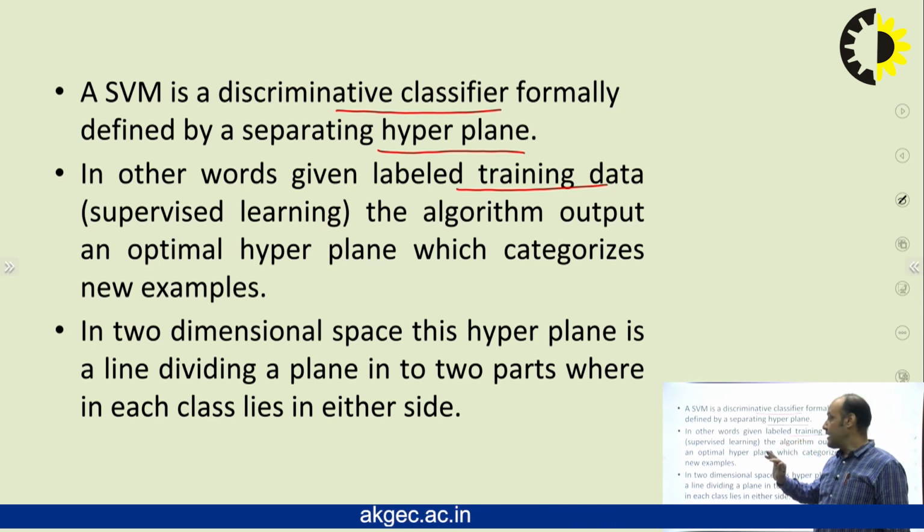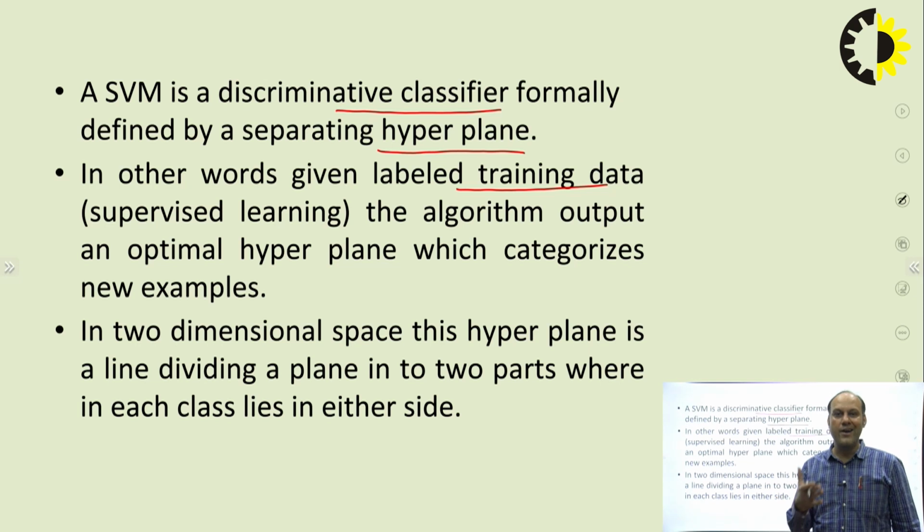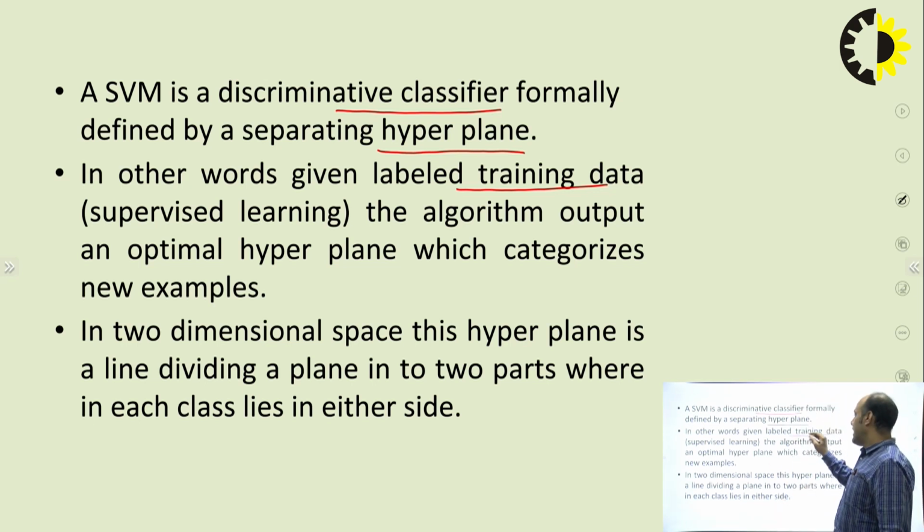Labeled means supervised learning, because in supervised learning the teacher is present, we know the input, we know the output, and we need to train the machine on some machine learning algorithm, and that algorithm will predict.